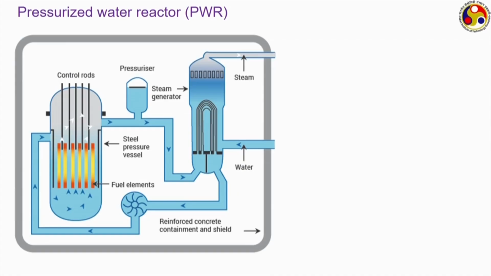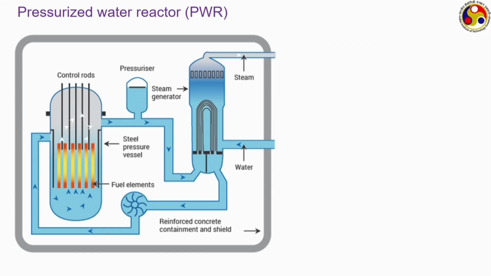In case of a pressurized water reactor, the main component is a pressure vessel. This pressure vessel, generally made of steel, is the one inside which all the fission reaction happens. Inside the pressure vessel, we may have the fuel elements, which can be of the shape of cylindrical rods or maybe rectangular pellets.